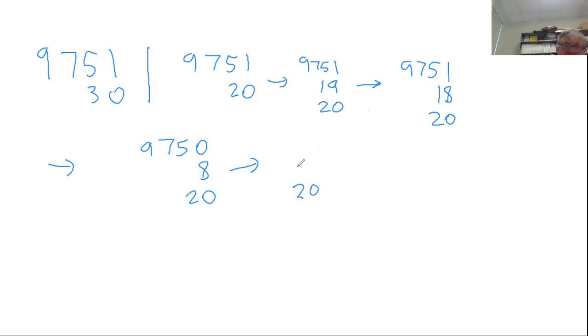So if we subtract 20 from the 8, we've got to carry a 1, so that's a 48. 48 minus 20 is 28. And then we've got to remove 18 from above because we borrowed a 1. So this is 9, 7, 18 from 50, so 32.